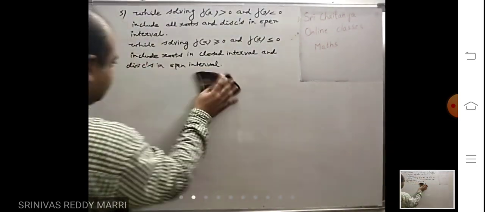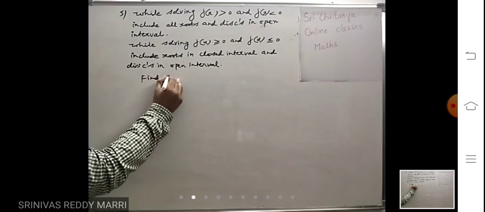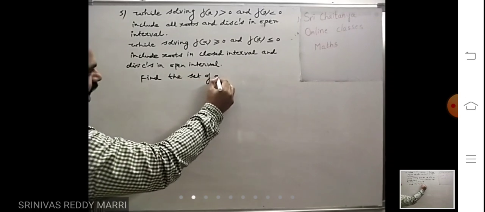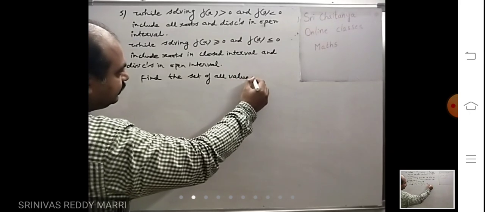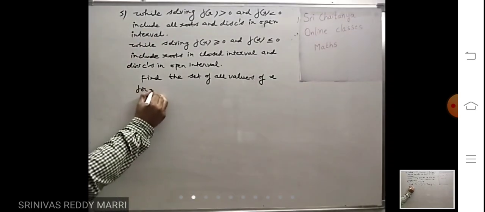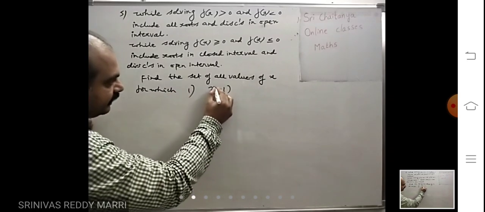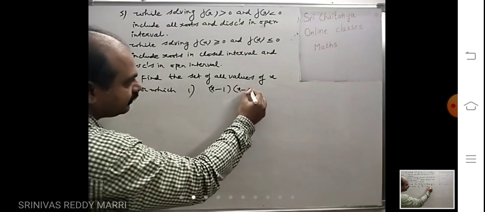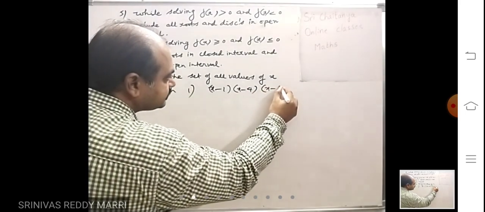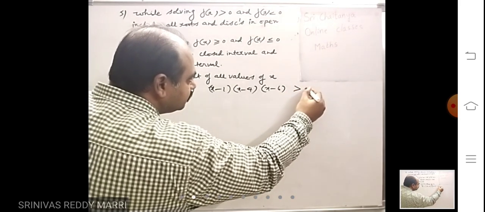All of you listen carefully. Find the set of all values of x for which x minus 1 into x minus 4 into x minus 6 is greater than 0.